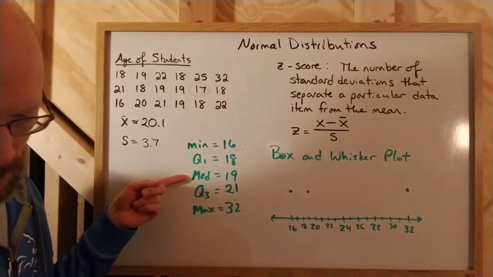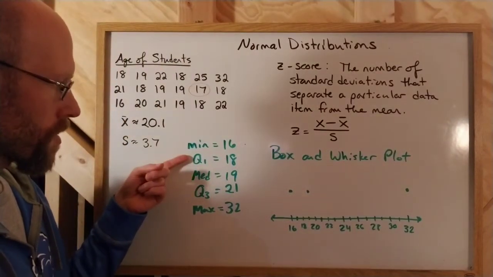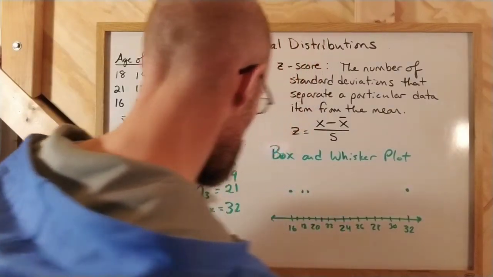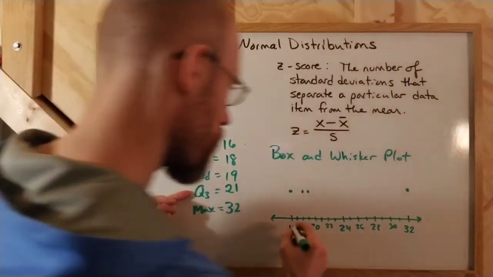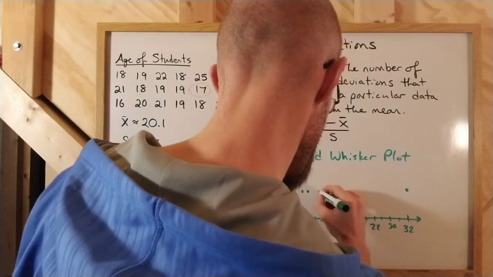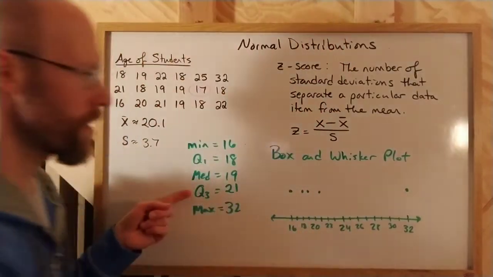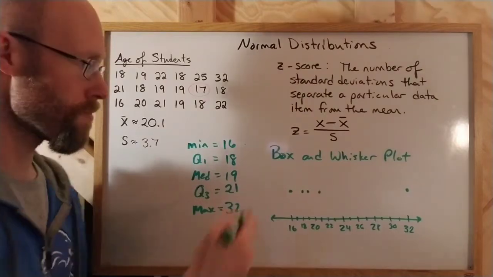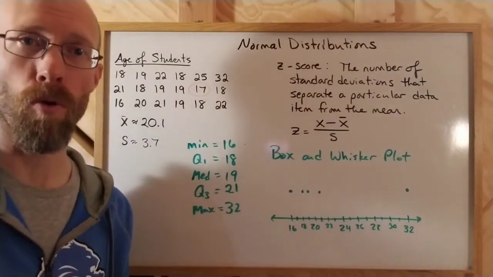Okay, there's my median. My Q1 is at 18. Put a dot there. And my Q3 is at 21. I'll put a dot there. Okay, so I have my 5 points plotted.